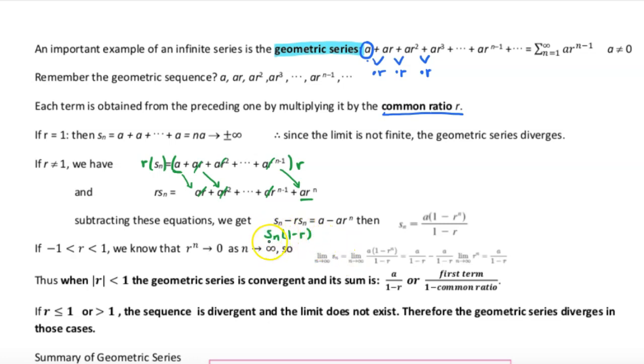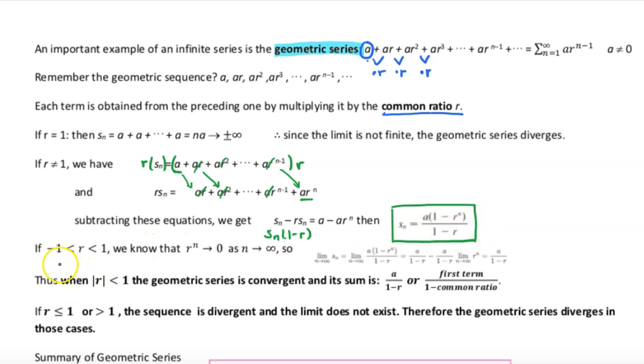To isolate this s sub n, divide both sides by 1 minus r. And that's how I get to this equation. So essentially what we did was we turned an infinite series, just using valid algebraic techniques, into a summarized form where I can now look at a limit.